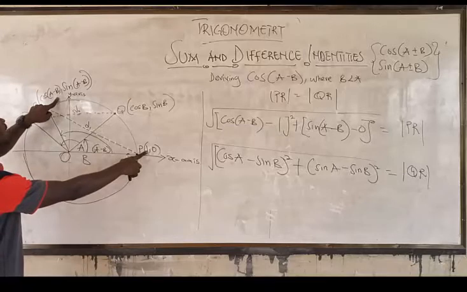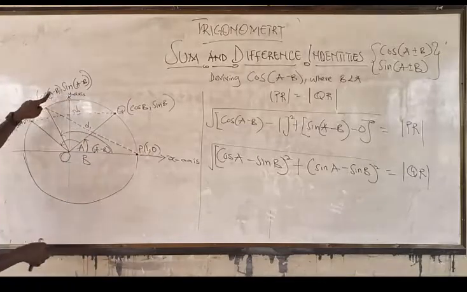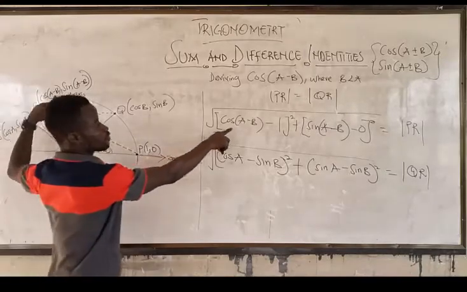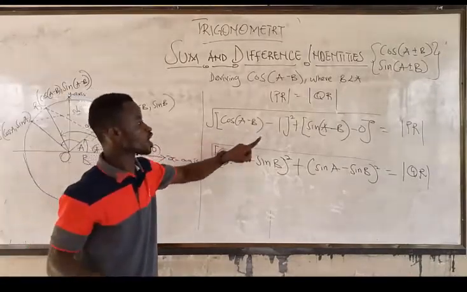So X2 minus X1, that is the formula for the distance, so cos(A minus B) minus 1, all squared.